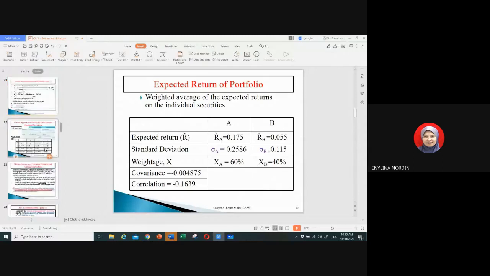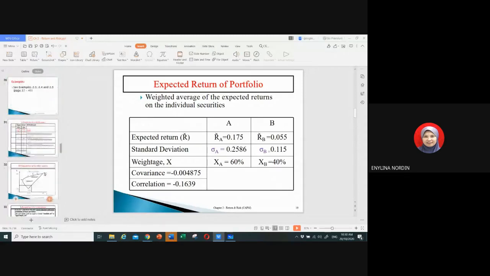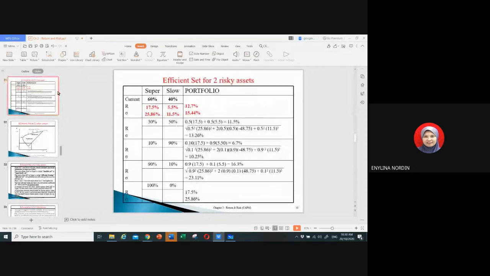Jadi kalau kita tengok diagram ni dalam slide, this is the combination yang saya mention tadi, dan kita kena kira standard deviations of portfolio dan expected returns of the portfolio kalau berubah weightage tu.